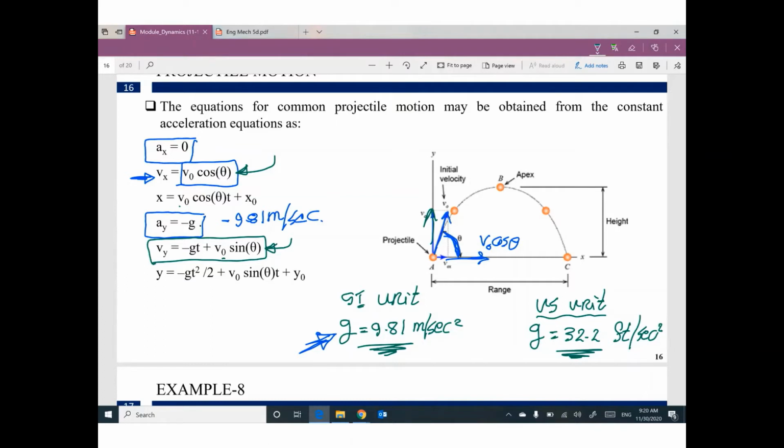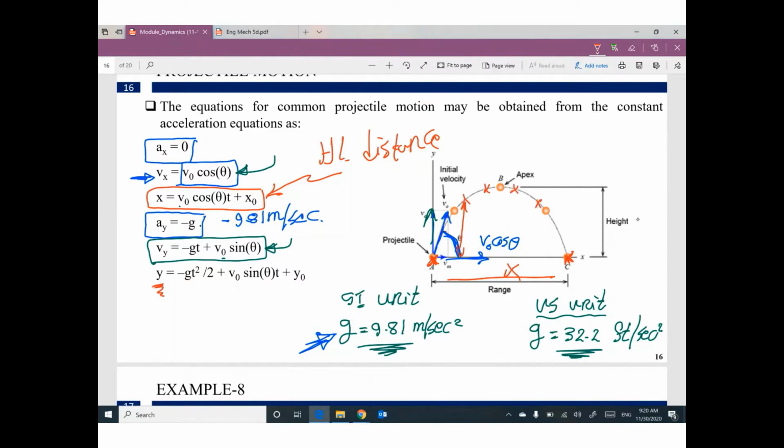Once you get the horizontal and the vertical components of velocity, we have another equation for how far the horizontal distance is between the initial location and the final destination, x. And also y can give you the vertical distance for the projectile at any time.